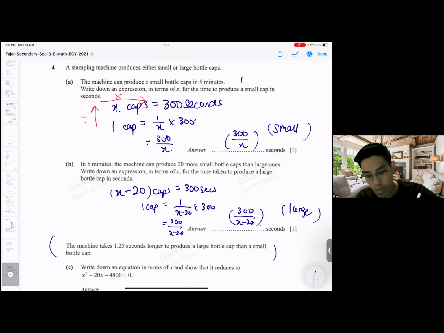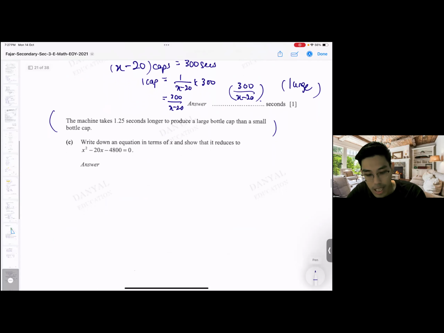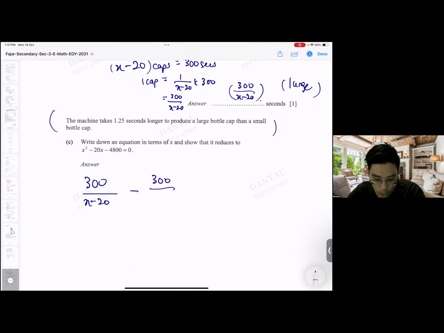Okay? Listen again. We are looking at which one needs more time. The large one needs more time. So therefore, the large one, minus off the one that takes a lesser time, gives me 1.25.